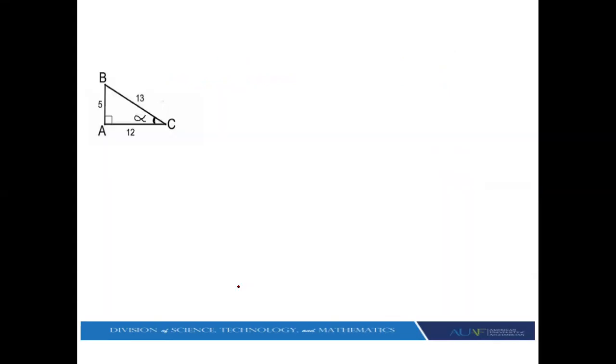Okay, next question. Let's start some questions on finding different sides or angles. The question is, find all 6 trigonometric ratios. So we need to find sine, cosine, tangent, cotangent, secant, and cosecant. You can see the angle is given. The opposite side of the angle is the perpendicular, 5, 12 is the base, and 13 is the hypotenuse.